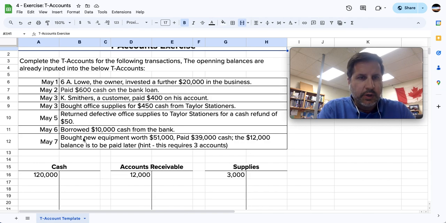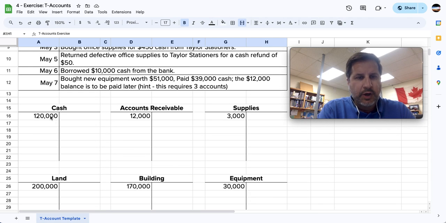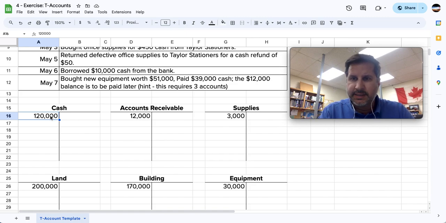All right, so these are the opening balances. I've moved ahead a bit. Let's say we had a balance sheet, and that balance sheet showed cash 120, accounts receivable 12, and so on. What I've done is I've just preloaded the existing balances into the accounts. So in this case, we've got 6 asset accounts. They all have their opening balances on the debit side.